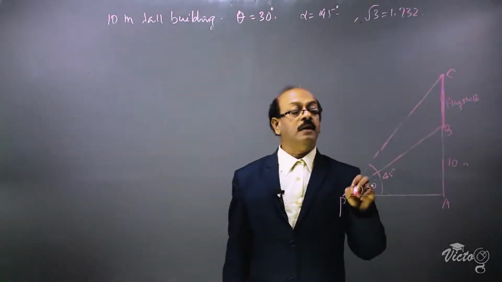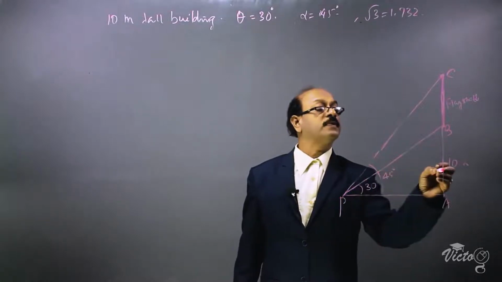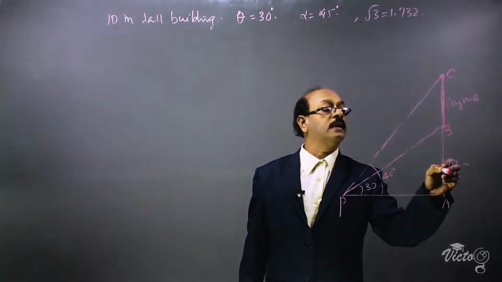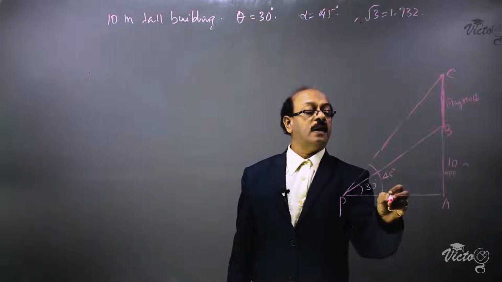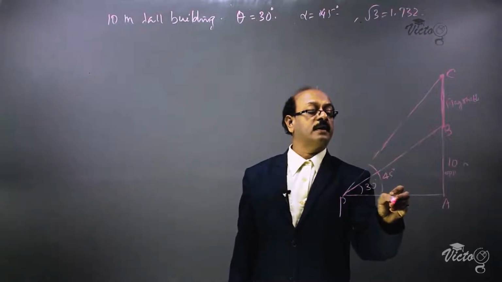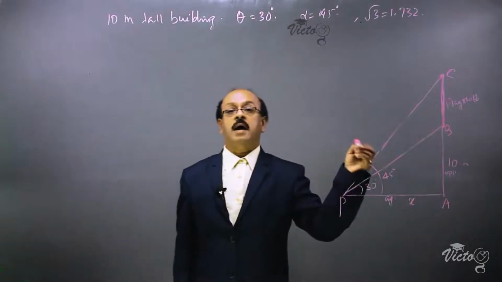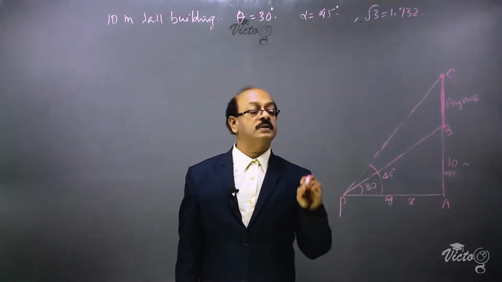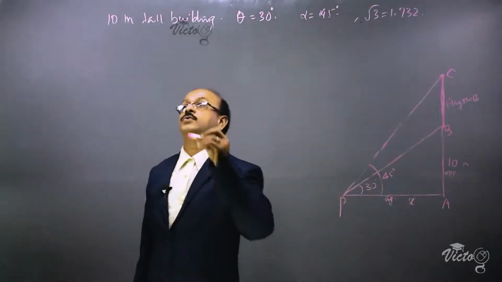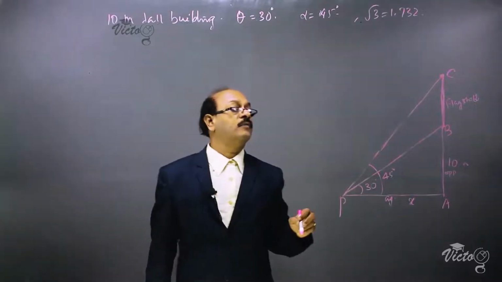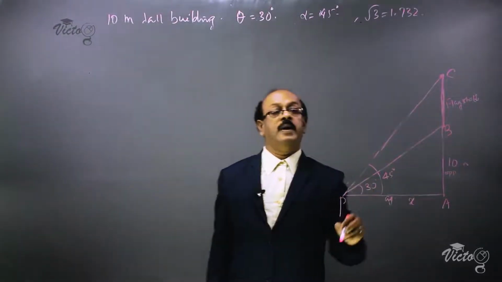So, we are taking the opposite side of 30 degrees, here it is AB, and this is the adjacent side, let it be X. Now we are taking opposite side, adjacent side, so the ratio is tan. The triangle we are considering is APB.